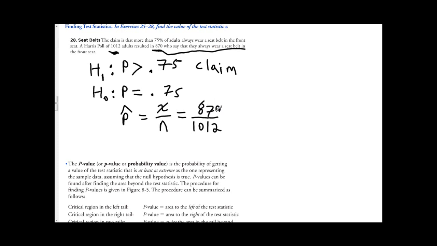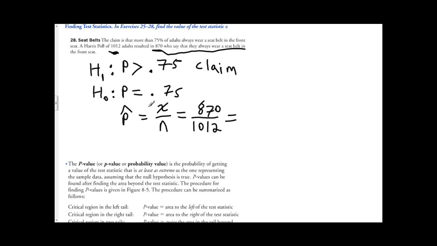We're assuming that the null hypothesis is true to conduct this, so we're assuming that the proportion is actually 0.75. 870 is the number of people who say that they always wear their seatbelts in the front seat, and 1,012 is the total number of people surveyed. So n is equal to 1,012, and the number of successes is 870. This is how we're going to calculate p hat.